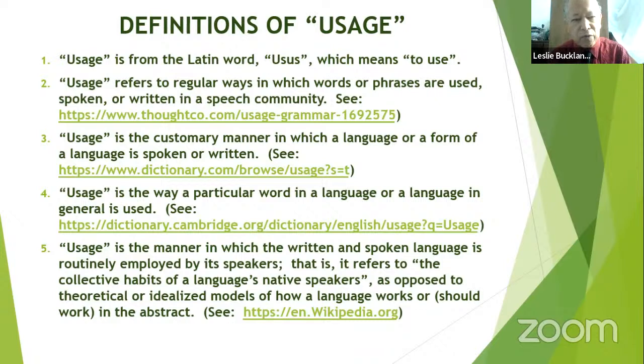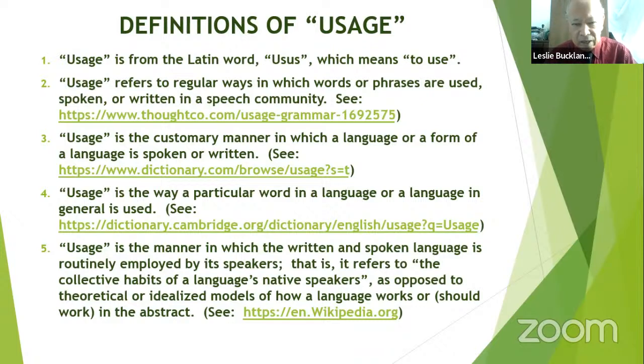That is, it refers to the collective habits of a language's native speakers. And notice this part, as opposed to theoretical or idealized models of how a language works or should work in the abstract. Now, let me simplify this for you.